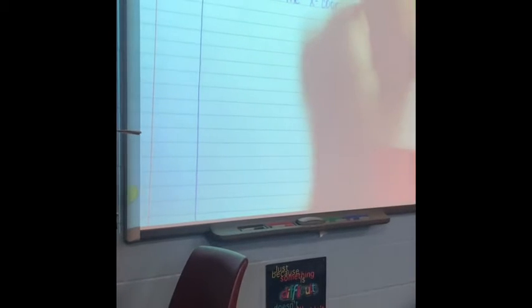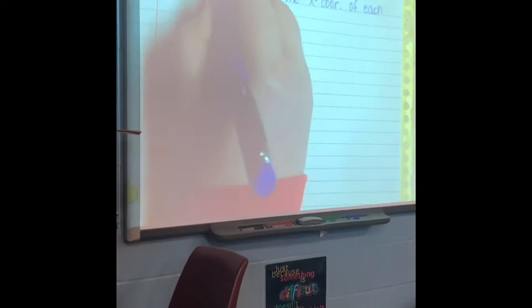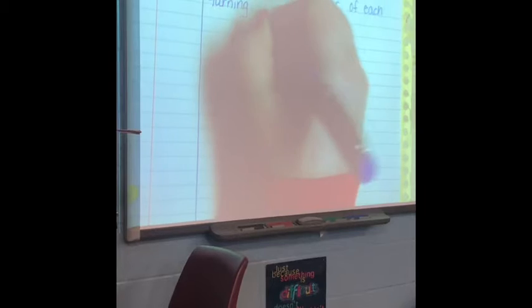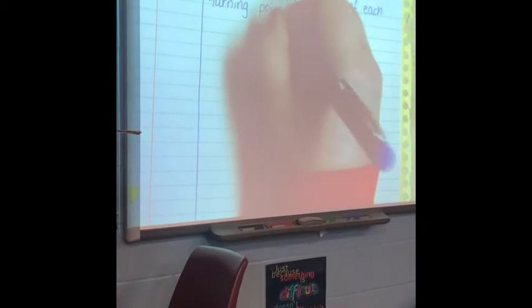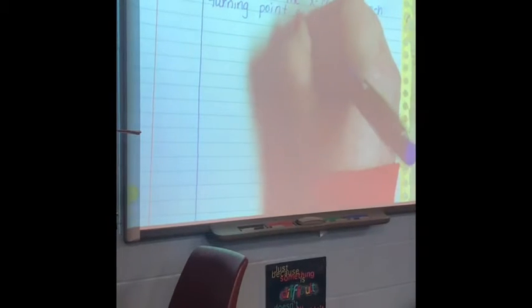For A, we're going to estimate the x-coordinate of each turning point and determine if they are relative max or mins.